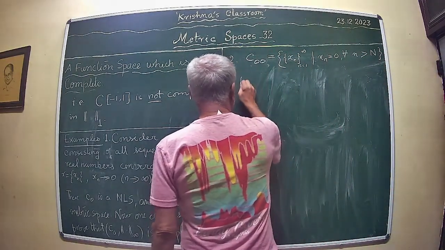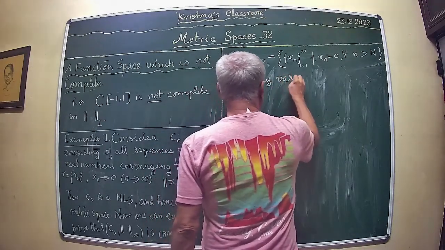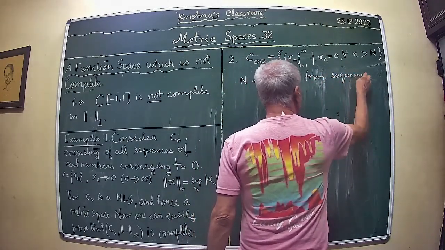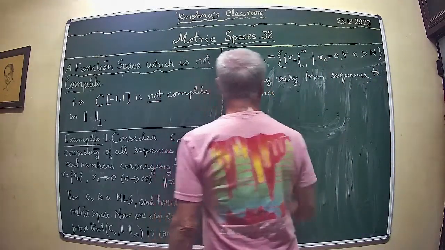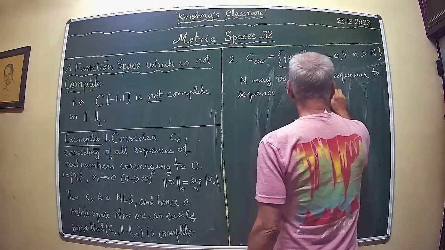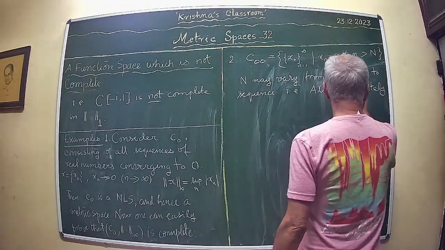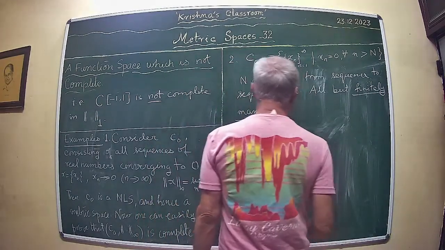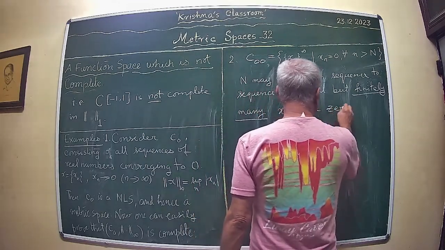That is, all but finitely many xn's are 0.